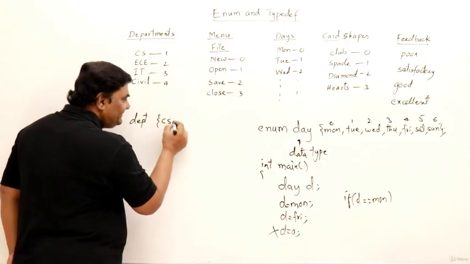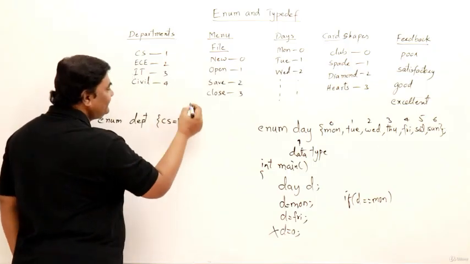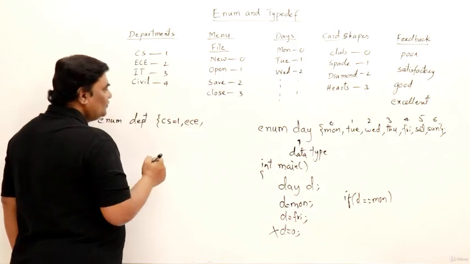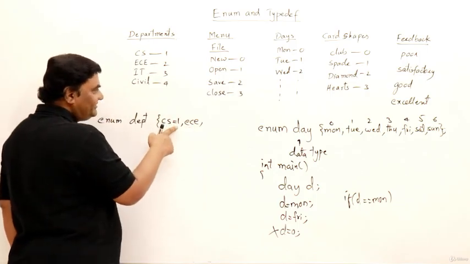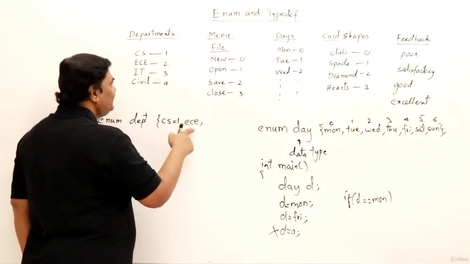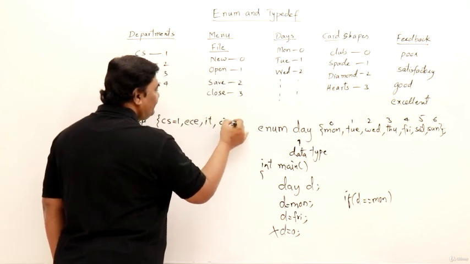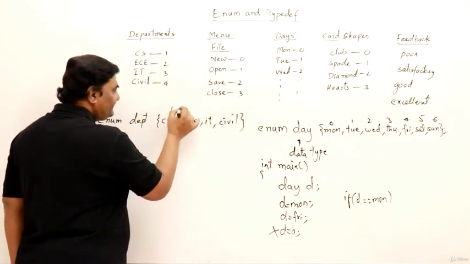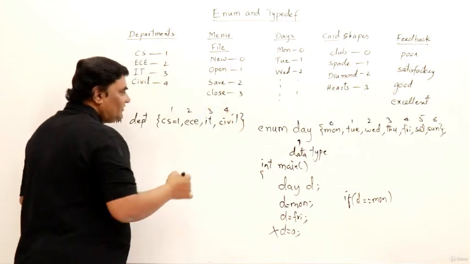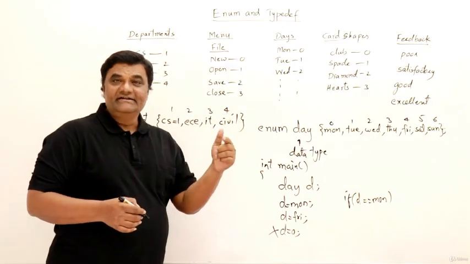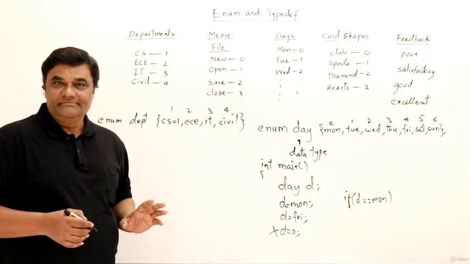So if you say CS assign 1, then next write just ECE. This will automatically become 2. So this is the starting point. You can just mention the starting point, right? Then this becomes 2 and this becomes 3 and civil becomes 4. So this is 1, this is 2, this is 3 and this is 4. So if you mention some starting number, then the remaining, it will take the next number. Automatically takes the next number.